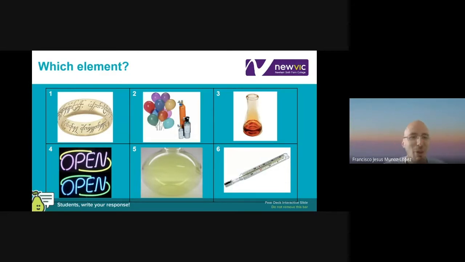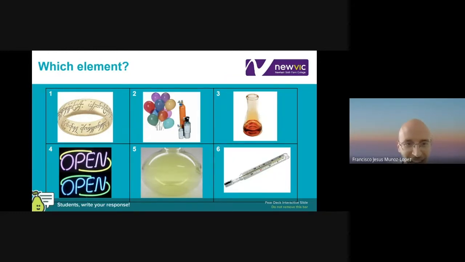I can see one of the students for the first element. They have written AU, which is very interesting. For the first one, we do have consensus. It's gold. The second one, I think most of you as well, helium. And the third one, we've got more diversity here.